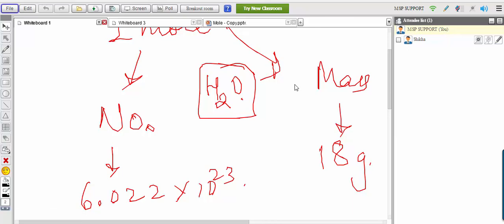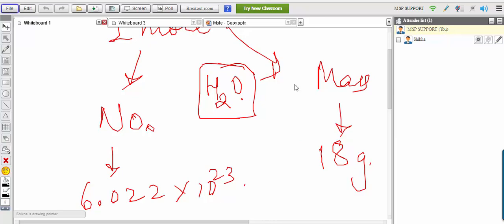Now, it's very easy to understand. We can understand that 1 mole is some amount of substance. The same amount could be expressed in terms of numbers. Then we can say that 1 mole of water consists of 6.022 into 10 to the power 23 water molecules. At the same time, 1 mole is equal to 18 grams.